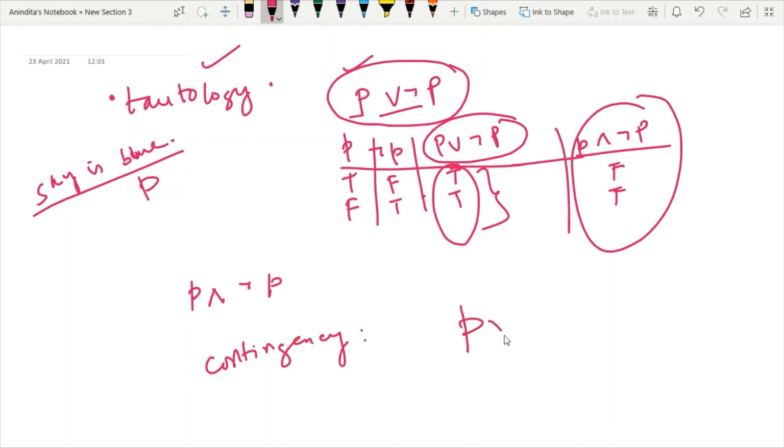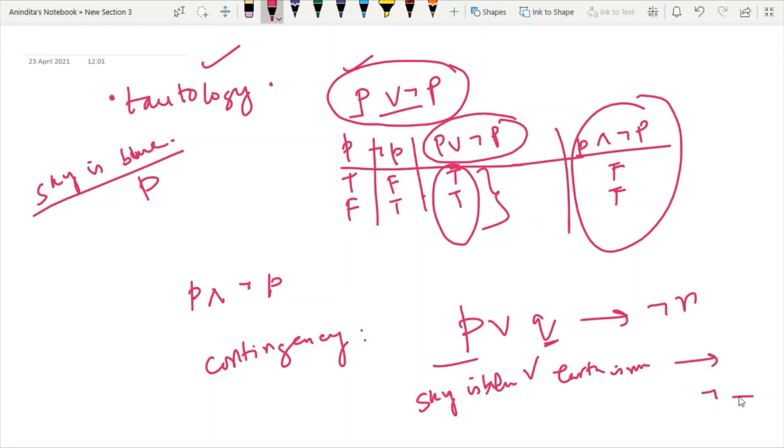Means if I write P or Q implies not R. It means what? P means a statement, say sky is blue, or Q means a separate statement, earth is round, that implies not of some other statement. So can I derive something from this statement?